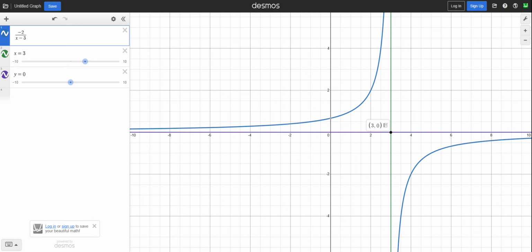Now, x equals 3, y equals 0 are your asymptotes.